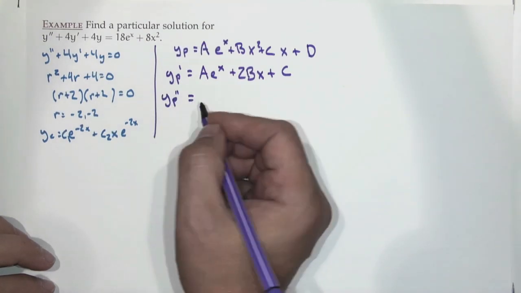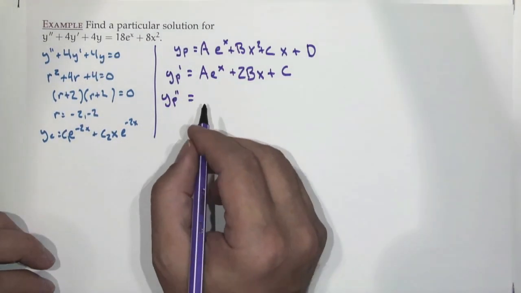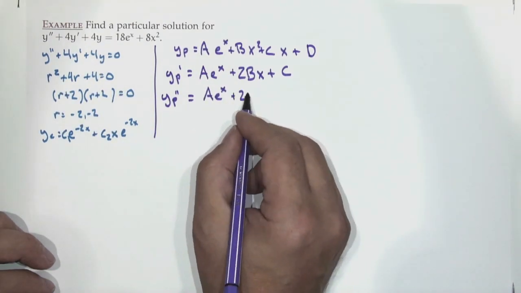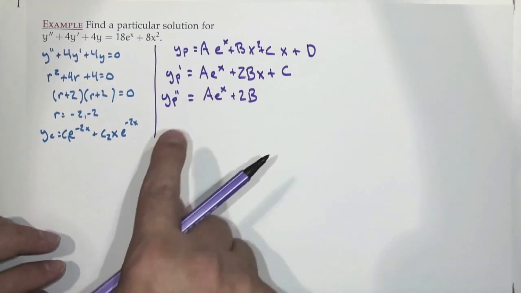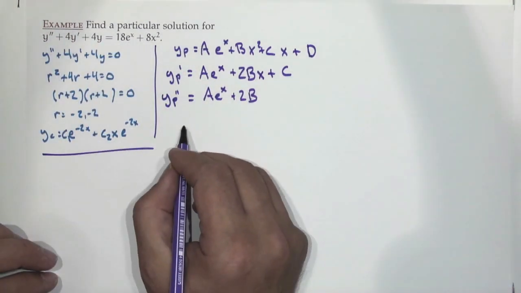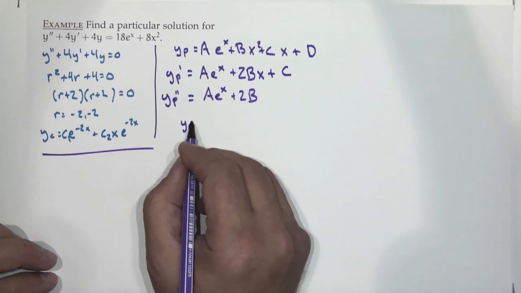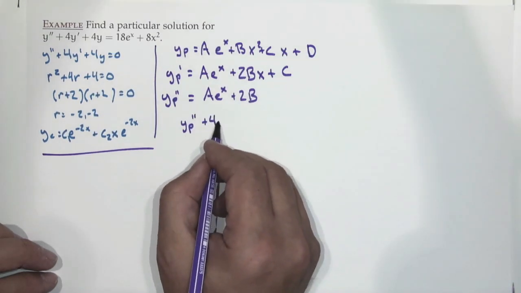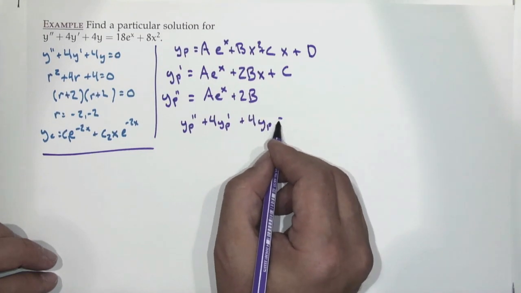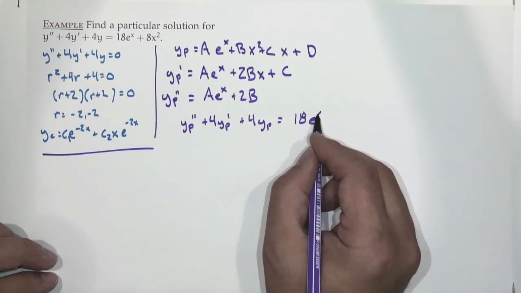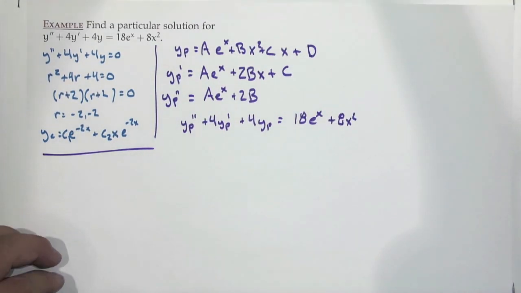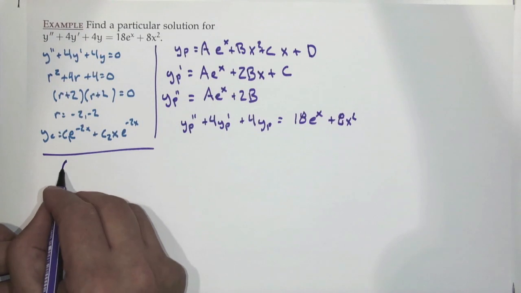Yp double prime is A e to the x plus 2b. Now, we're going to plug into our differential equation. So, in particular, we know yp double prime plus 4yp prime plus 4yp has to equal 18e to the x plus 8x squared. I'm just showing you where we're going. And now we begin.